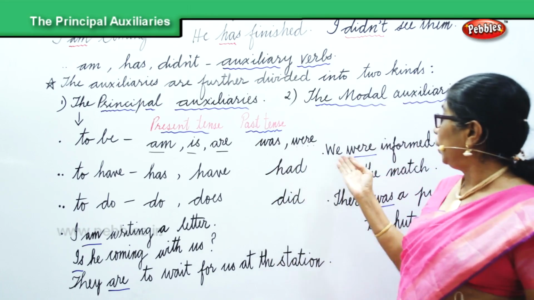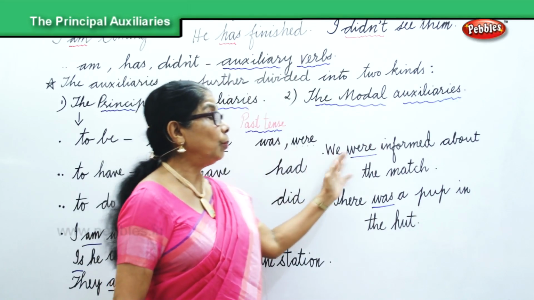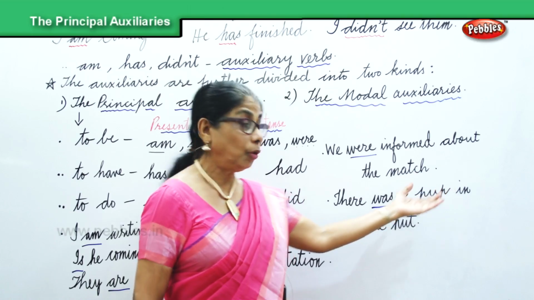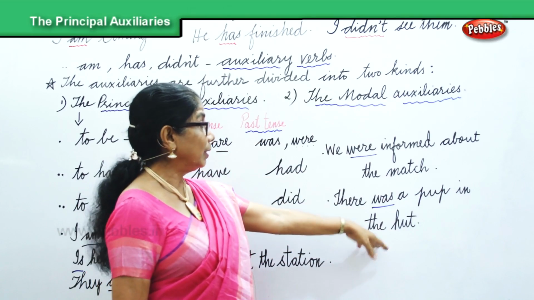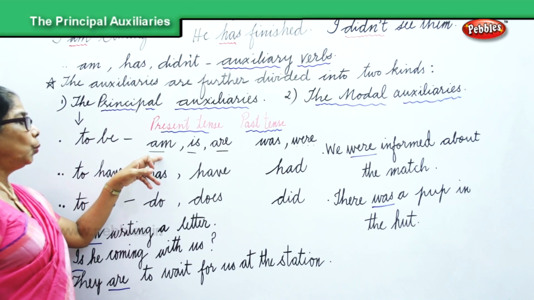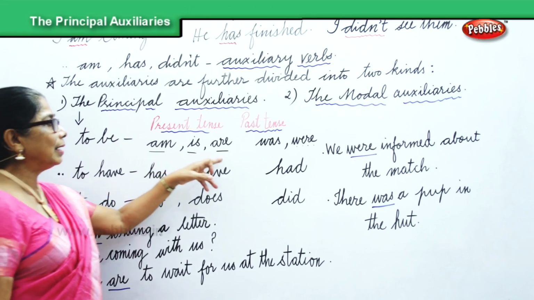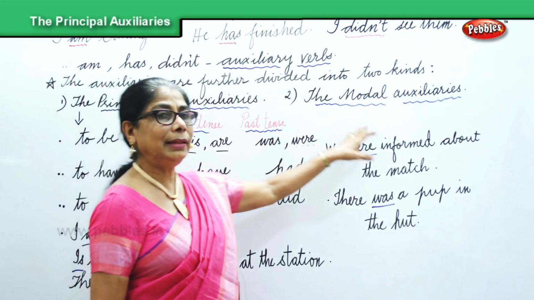We were informed about the match. There was a pup in the hut. So we learned to use the to be verbs am, is, are in the present, and was, were in the past.